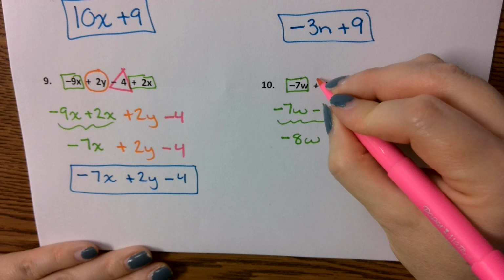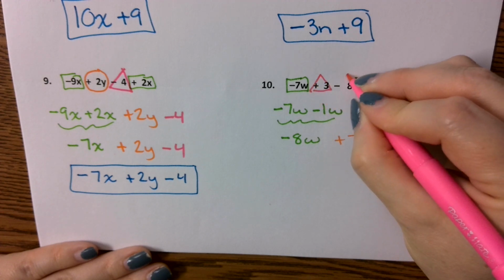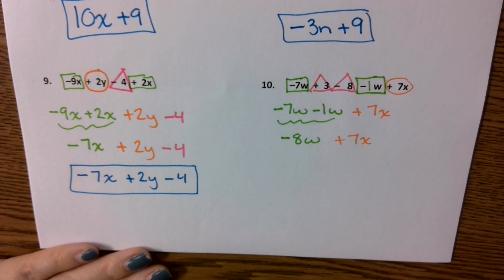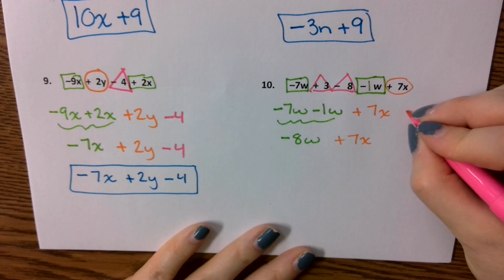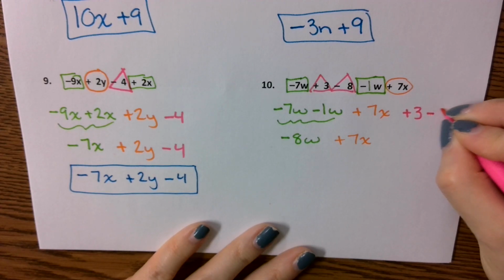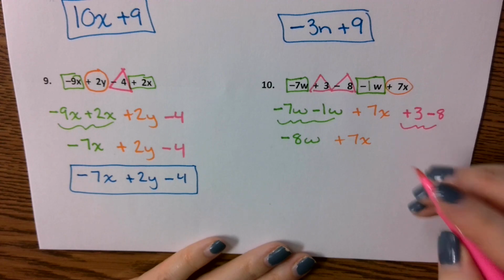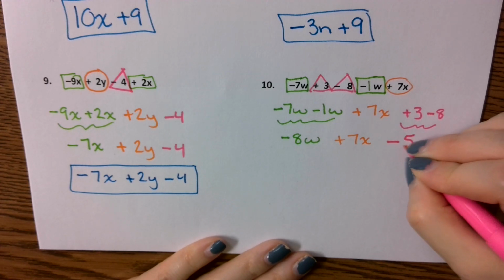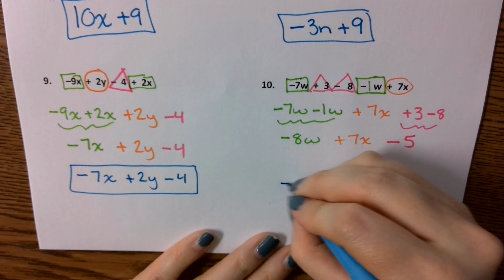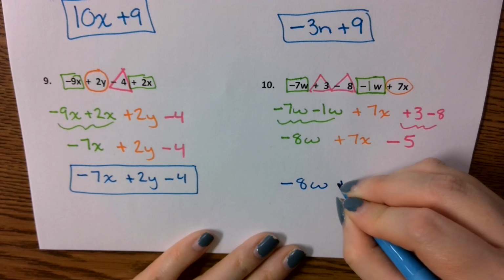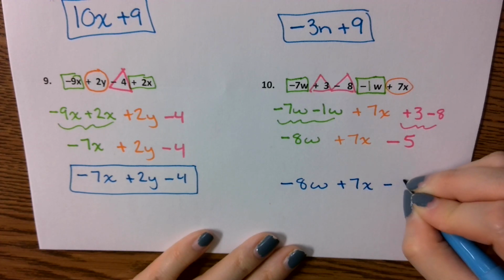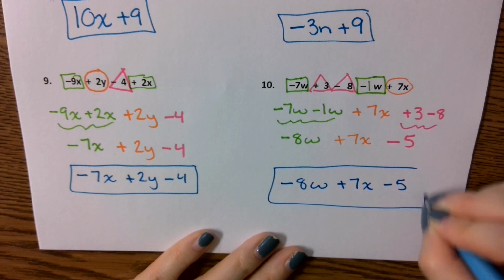Negative 8 is just a number. No variables attached. So positive 3 minus 8 is going to be a negative 5. We get negative 8w plus 7x minus 5 as our final answer.